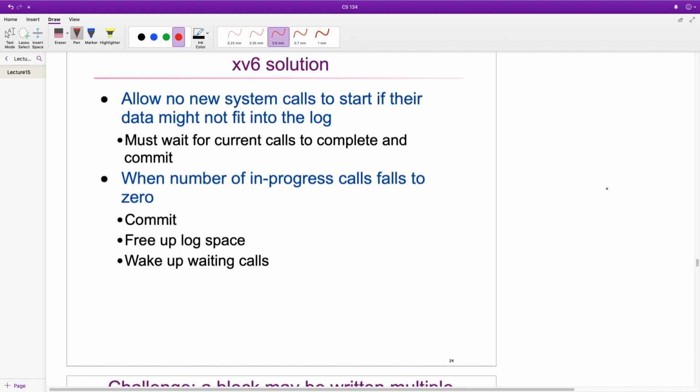And so we can just do a simple calculation to figure that out. And if it won't fit, don't start it. So basically, you don't start unless you know you can successfully satisfy all the writes that are needed. And then we'll just go to sleep and we'll wait for all the current calls to complete and all of them to commit, and then we'll wake up and we'll go.